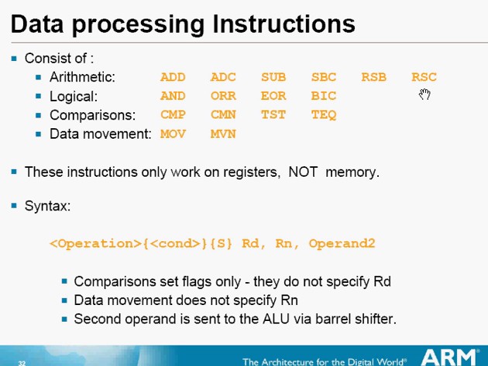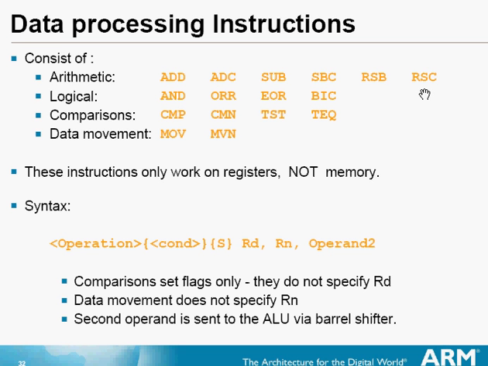The syntax is operation, condition, S bit, and then the RD register, RN register, and operand. The comparisons set flags only, so they do not specify RD. Data movement does not specify RN.